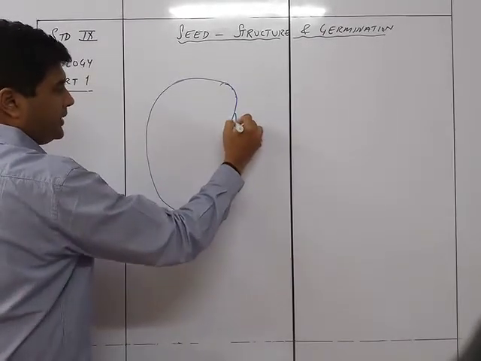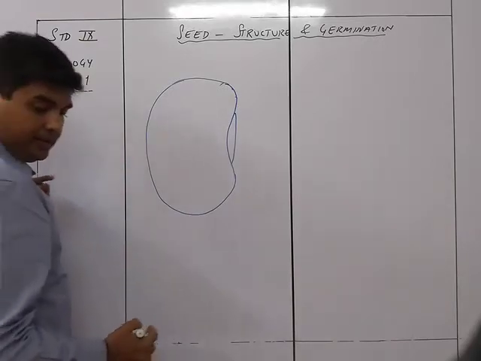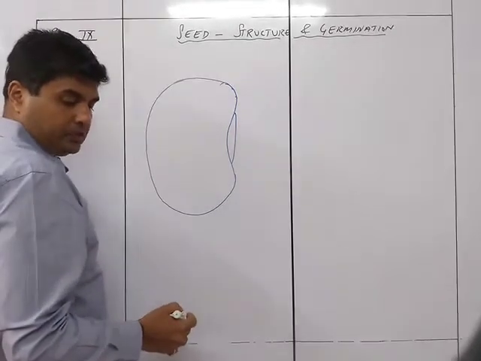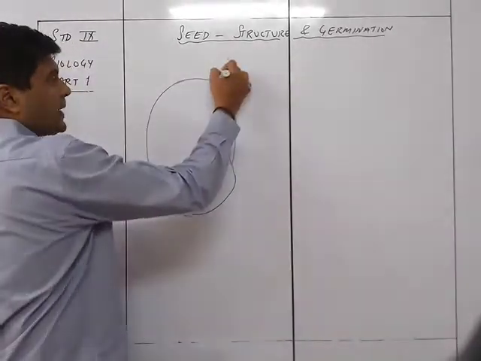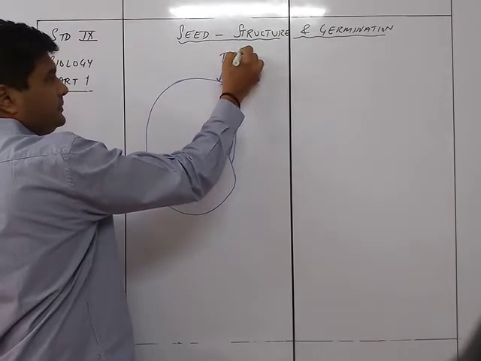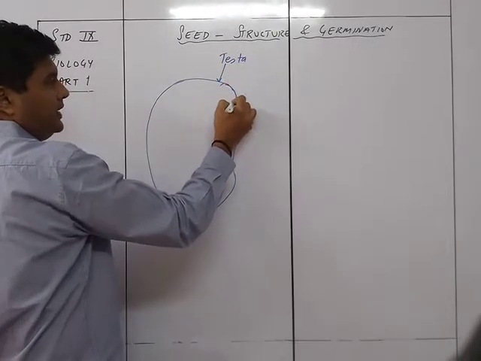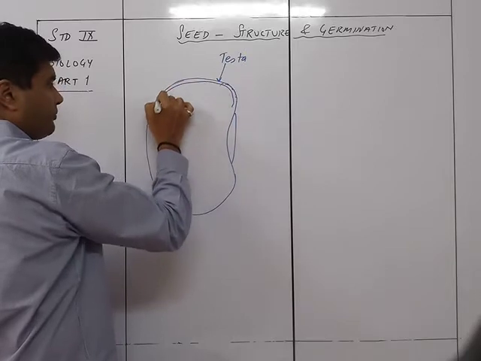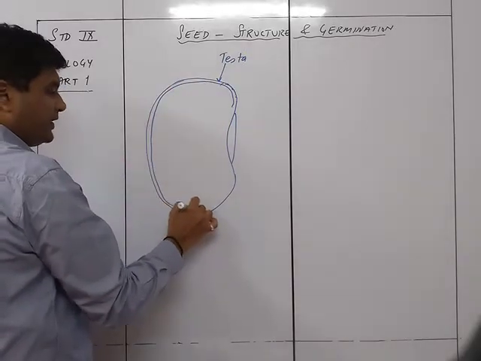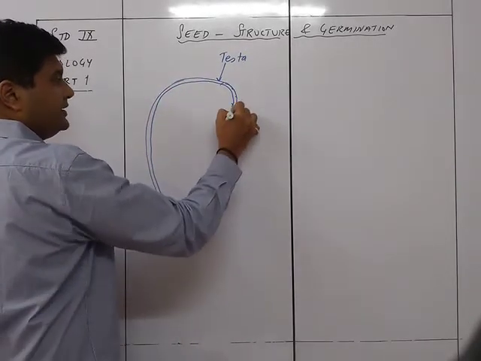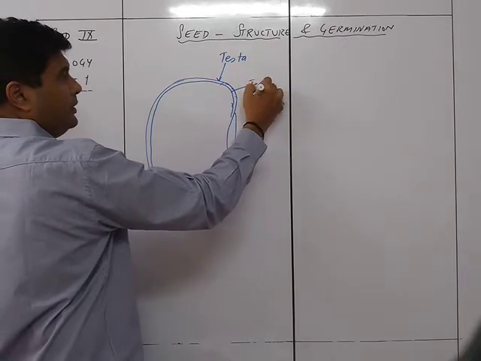The outermost part over here is called the testa, and the inner layer inside, which is the inner protective covering, is called the tegmen.